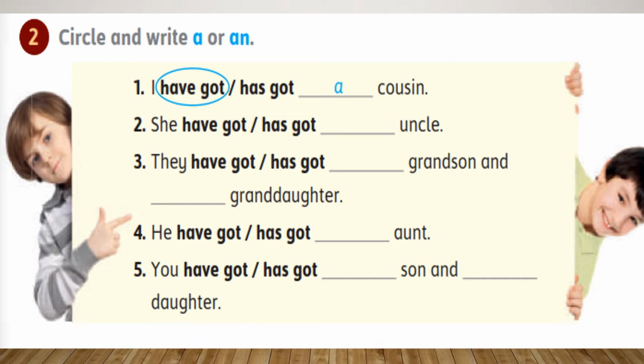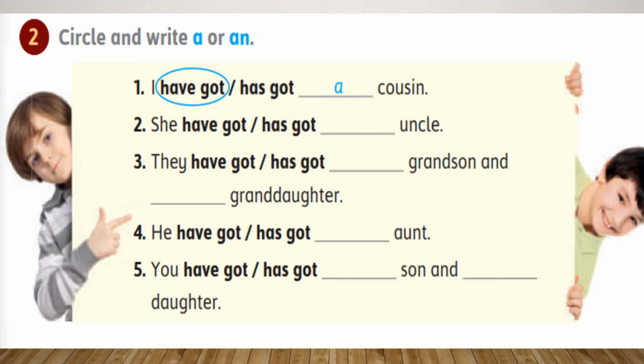Can someone of you tell me how many vowels do we have in English? Yes, there are 5. What are they? Correct answer. A, E, I, O, and U. These are the vowels in English.